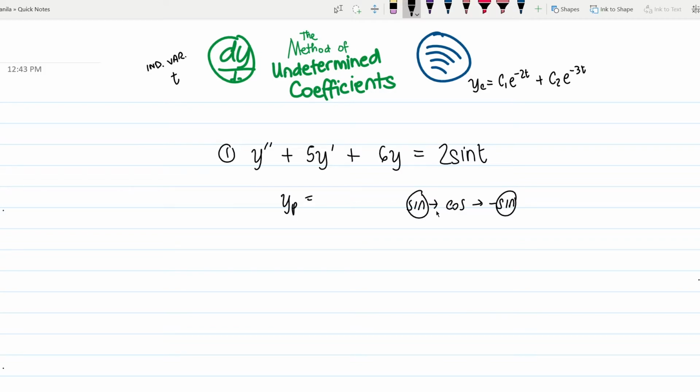But the bad thing here is that if you derive it, it turns into something else before it turns back into itself. So, what we can do to improve the accuracy of our guess para hindi na tayo magsayang ng oras is that we just put an arbitrary constant, we put sine here, and we put another one, which is cosine, right? You see this in your integral calculus, right?